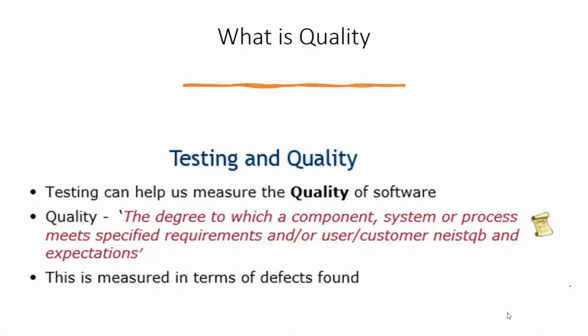As we understood the terminology of testing, we should also understand the terminology of what is quality. Quality is the one big thing that you have to understand when you are doing testing, okay? Because you have to give a quality product. The degree to which a component or a system meets the specific requirements and expectations is called quality.